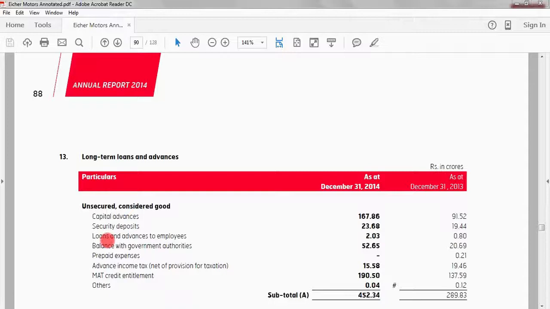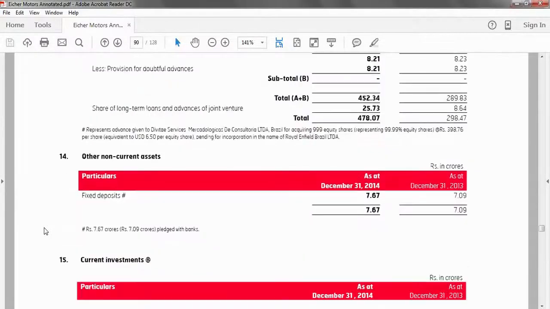Any kind of tax that you had paid in earlier years, for which you're going to get a minimum alternate tax credit entitlement. Any kind of advance income tax that you have paid, right? So that additional tax that is paid is long-term loans and advances. You'll probably receive them at some point of time.